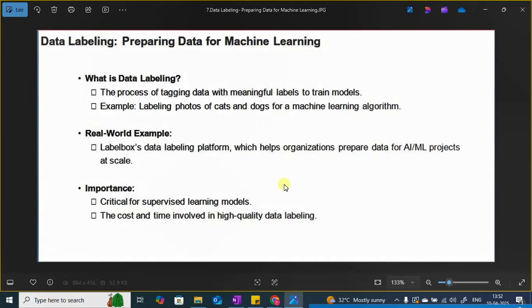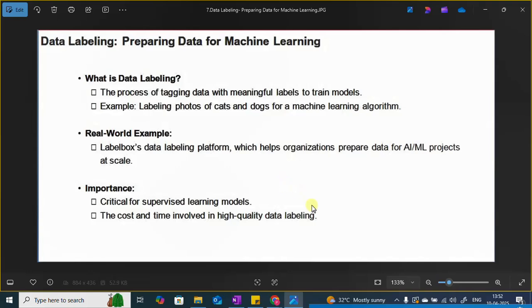Real world example, Labelbox, a data labeling platform which helps organizations prepare data for AI/ML projects at scale. Importance: critical for supervised learning models. The cost and time involved in high quality labeled data.